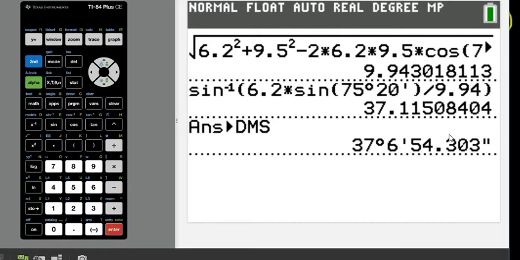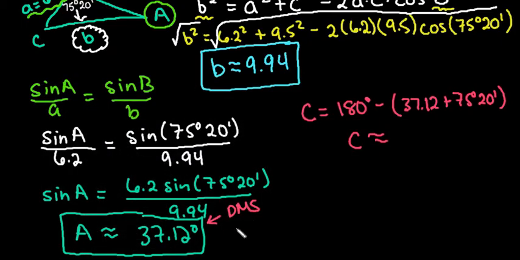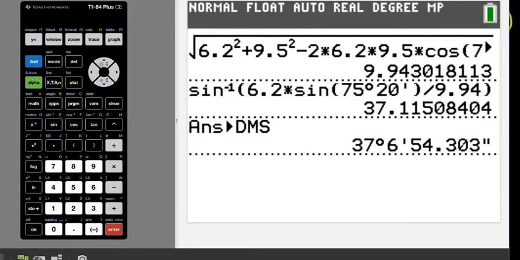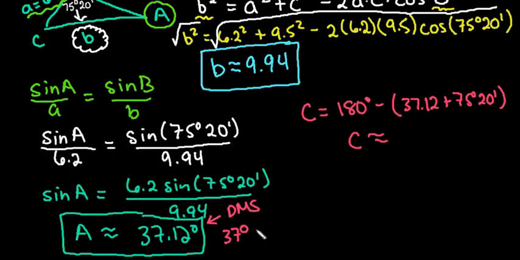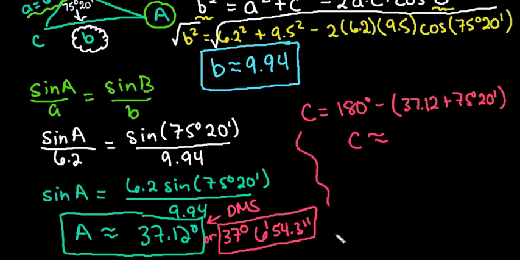So if you needed to, we would put it as 37 degrees, 6 minutes. Oops, sorry, I looked at the wrong place. I was looking at the next answer. And 54.3 seconds. So if you needed to put it in degrees, minutes, seconds, your calculator could write it that way. So depending upon which method they wanted.